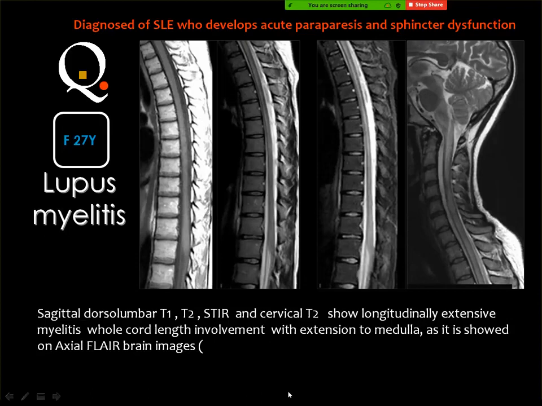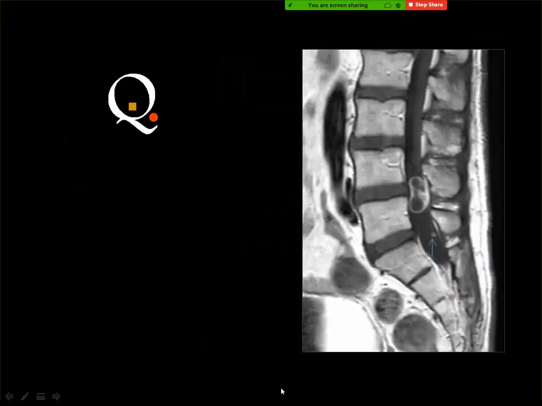Then, if you see similar lesions in the brain in the patient with systemic lupus, then you call this lupus encephalopathy. In the spine, you call this lupus myelitis. Next case.